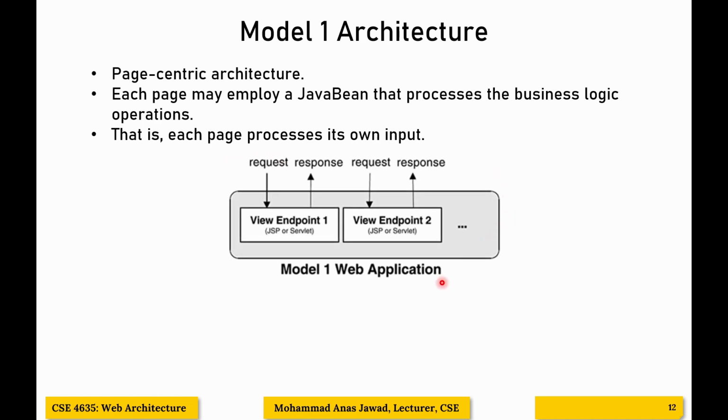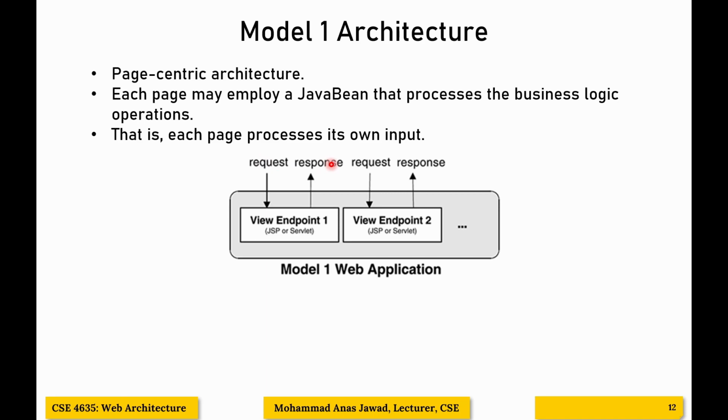Now, if we look at this diagram here, we can clearly understand how a Model 1 web application works. So this web application follows the Model 1 architecture, and it has two views, view endpoint 1 and view endpoint 2. Now, these views can be generated by either JSP or by servlets. It does not really matter.